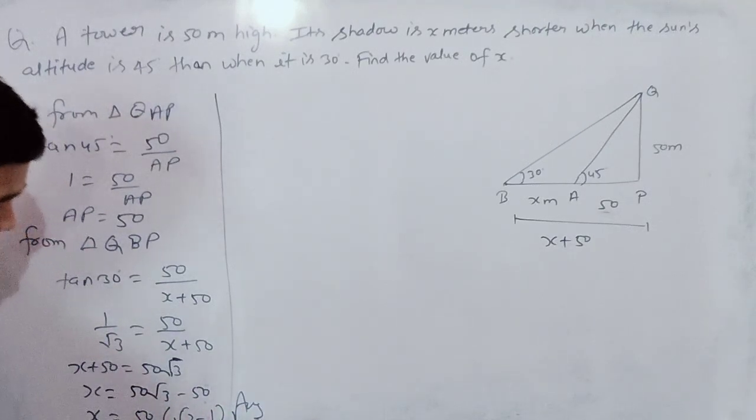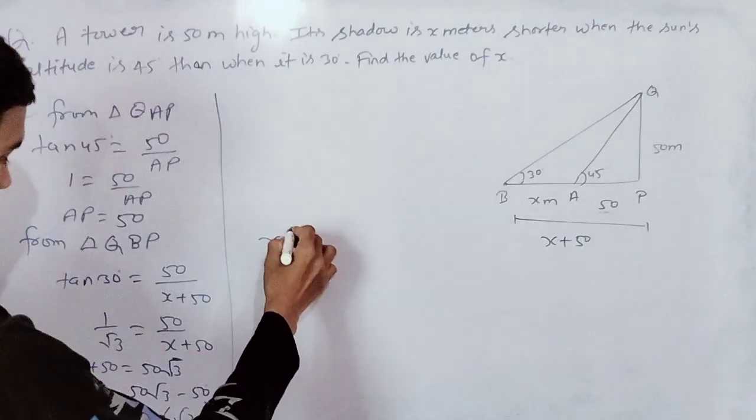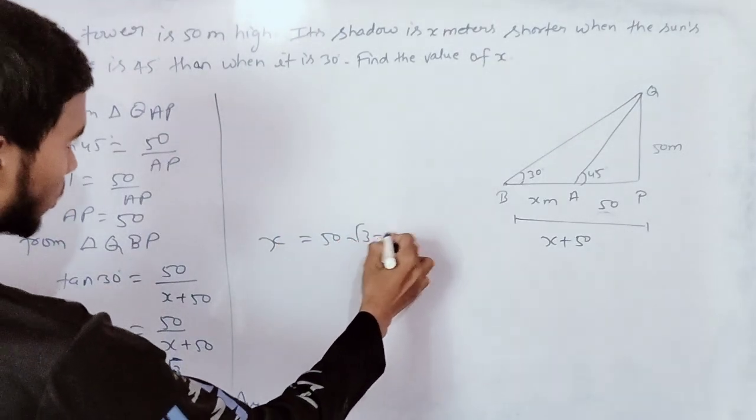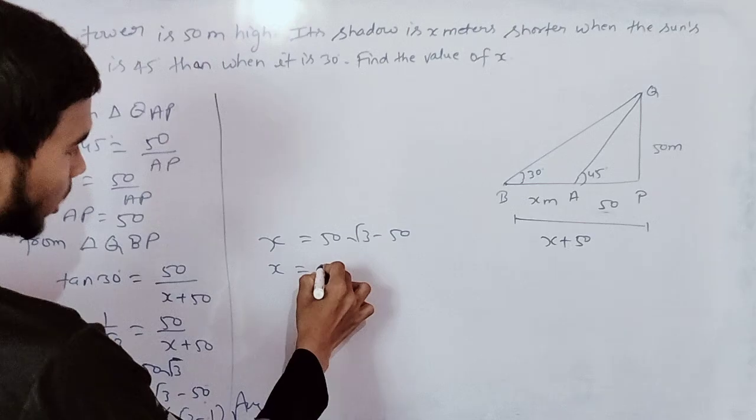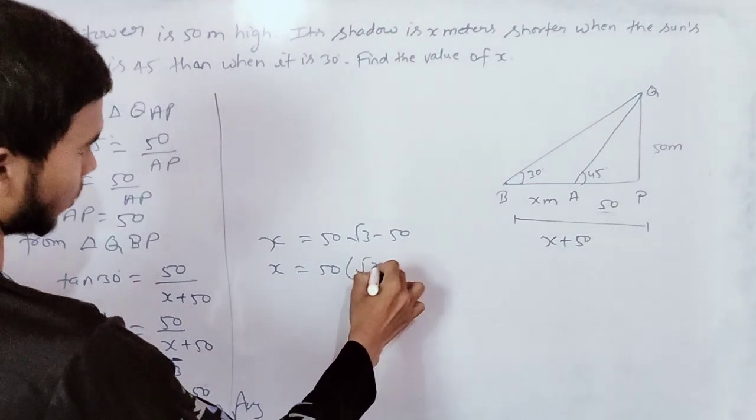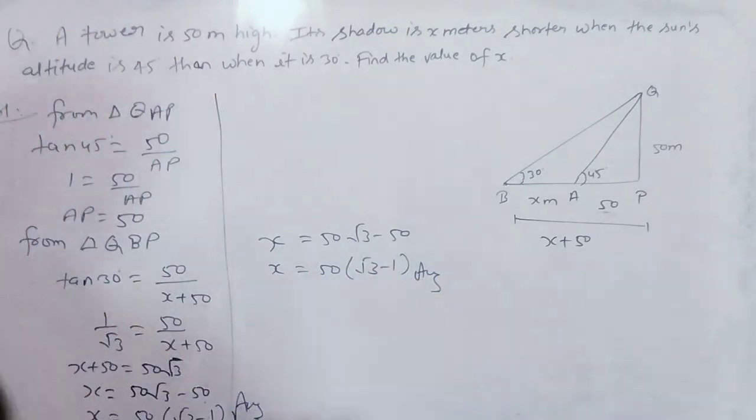This is the answer. So I can write here x is equal to 50 root 3 minus 50, which came as 50 times root 3 minus 1. This is the value of x. Now next question.